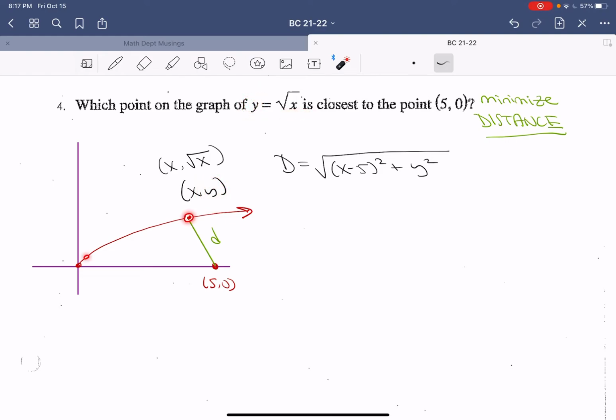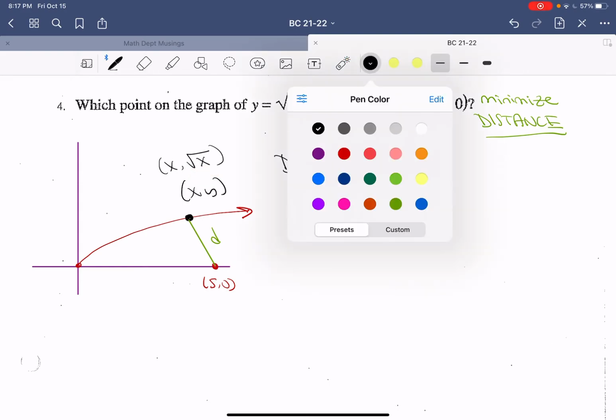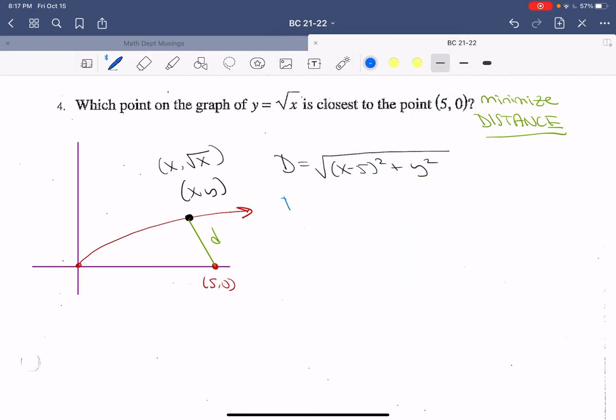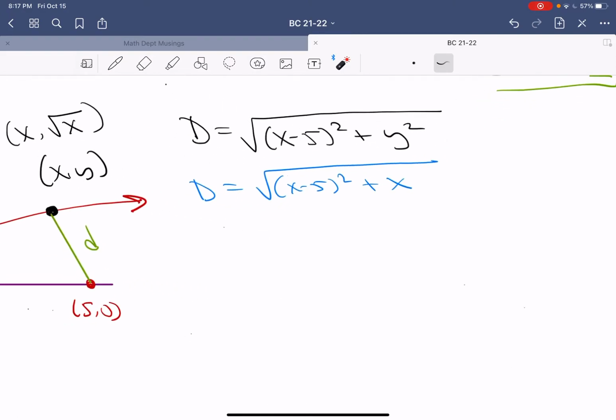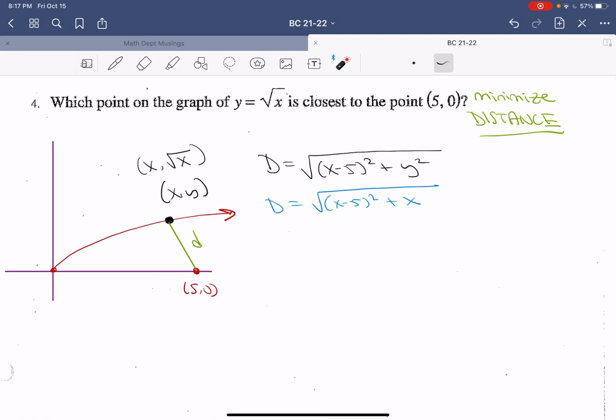If this point is on this curve, that root x becomes my y coordinate. And then when I incorporate that into the equation, I get this: d equals the square root of (x minus 5) squared plus x, because if y is root x, squaring it gives you x. Now I'm ready to go ahead and try to minimize.